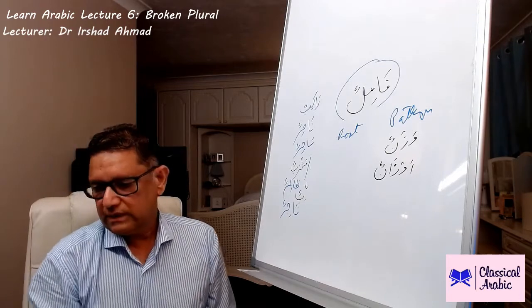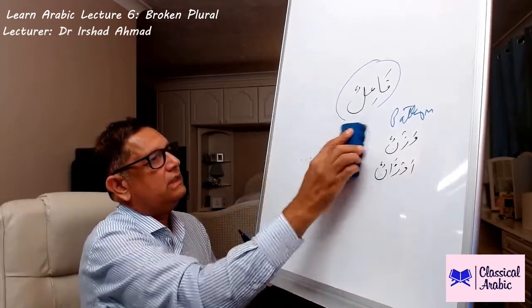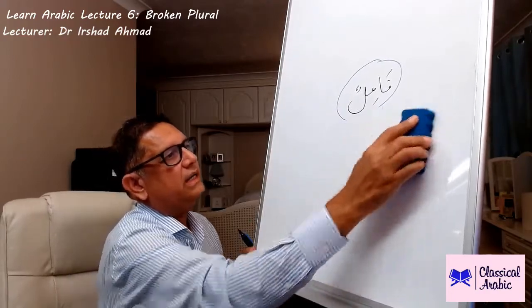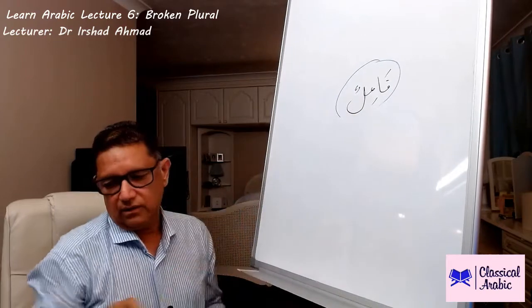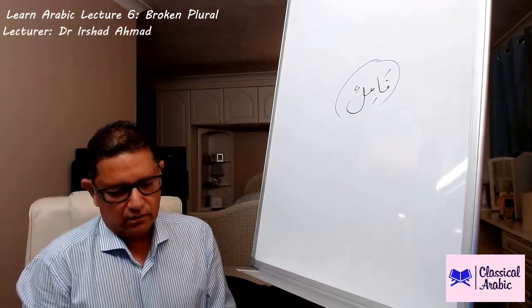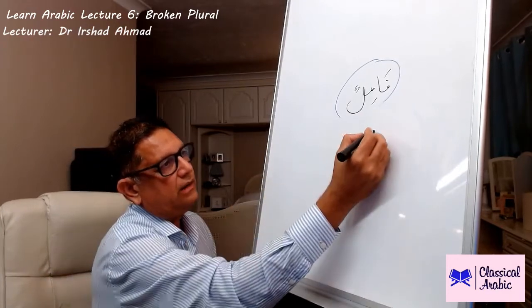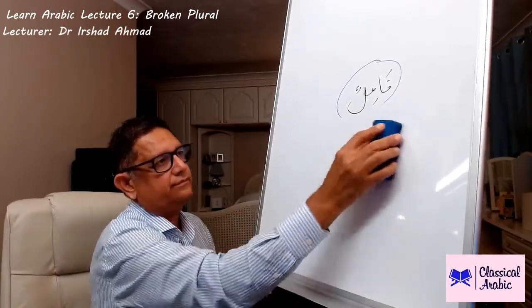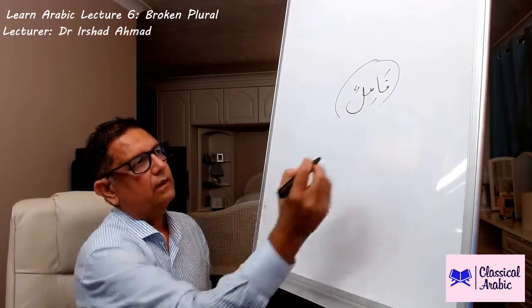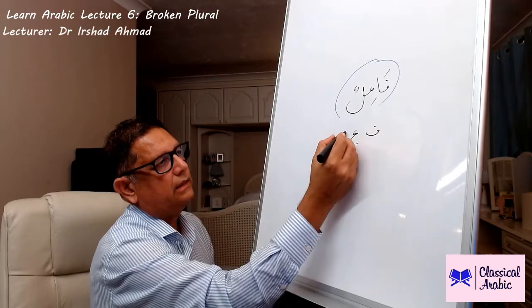If we move one step further from here, what our scholars have done, just for the sake of learning and teaching, if we look at that word fa'ilun, is that this fa, ain and lam.